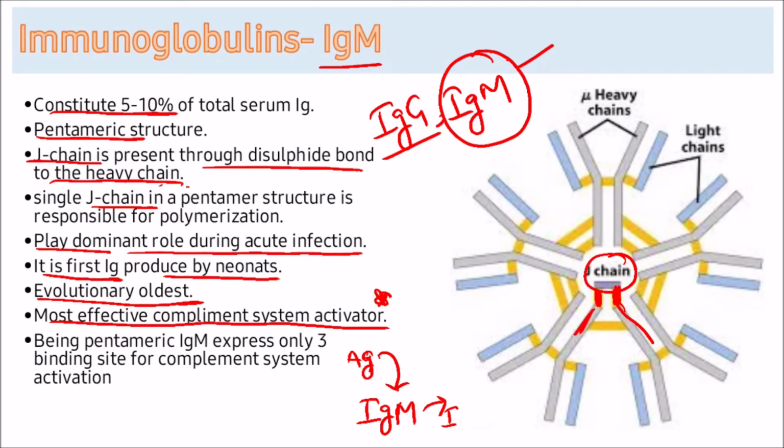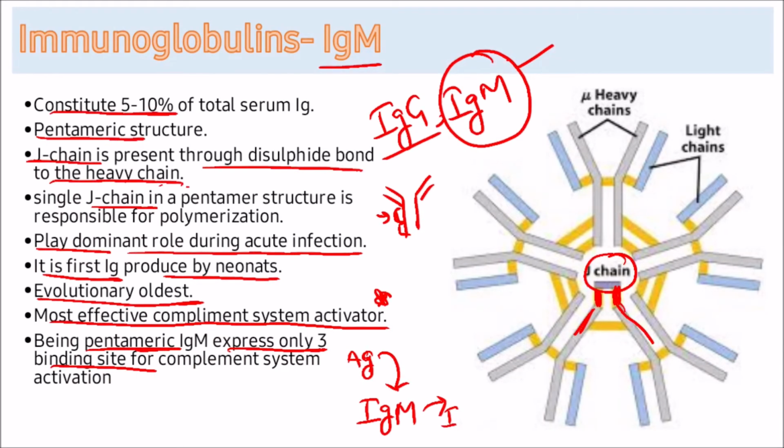Also, being a pentamer, it has 5 subunits, but it serves only 3 sites for complement system activation. As I discussed earlier during the structure of immunoglobulin, the Fc fragment has the constant region, which serves for complement system activation.